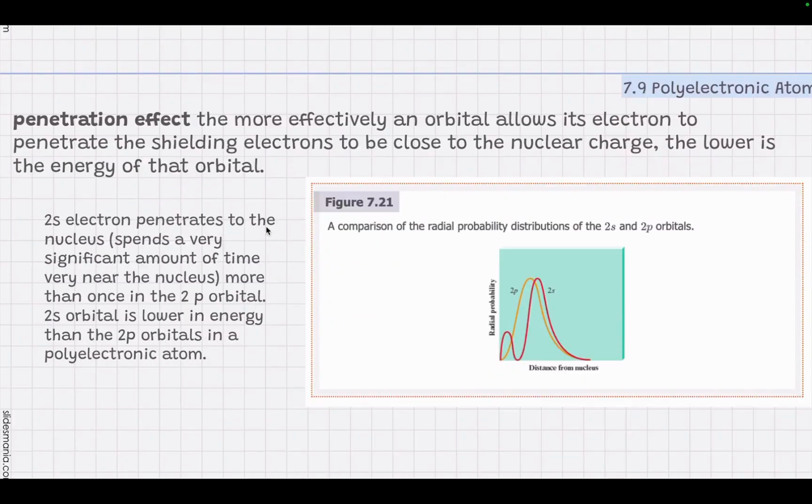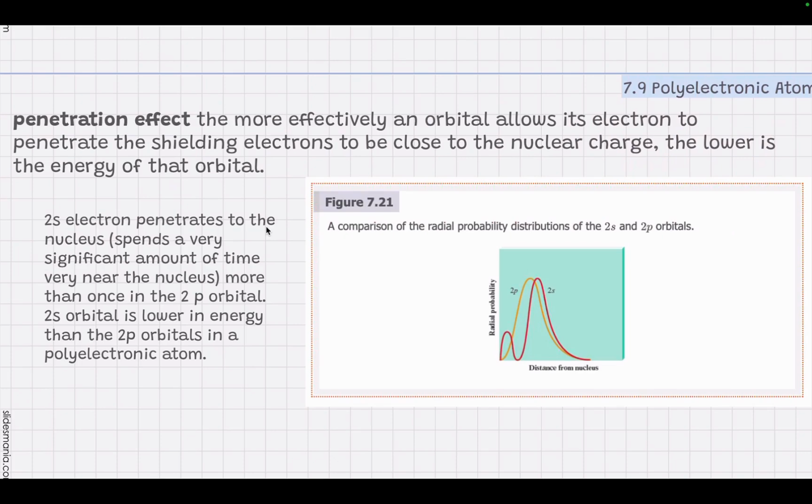So I want to talk about the penetration effect. This is really about whether the electrons can penetrate or get through all those shielding electrons. The more effectively the orbital allows it to do that, the lower in energy it is, and the more likely the electrons are going to fill those lower energy orbitals that are able to penetrate towards the nucleus. For example, the 2s electron is going to penetrate towards and get close to the nucleus, and spend a significant amount of time near the nucleus.